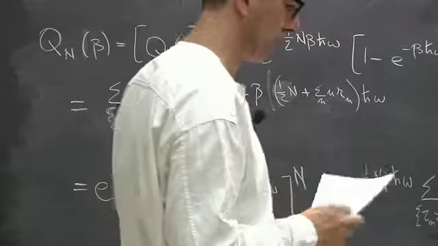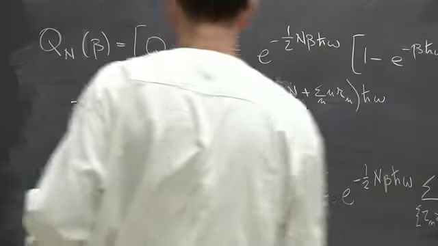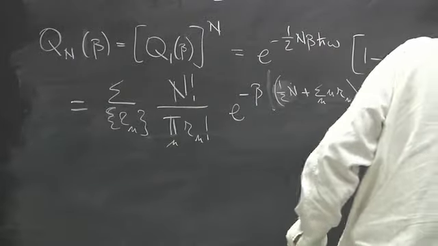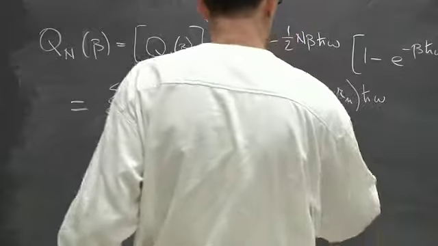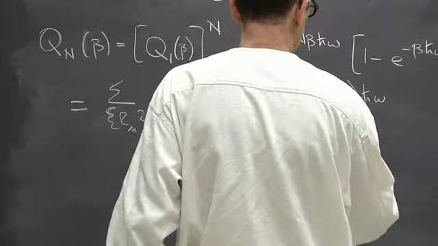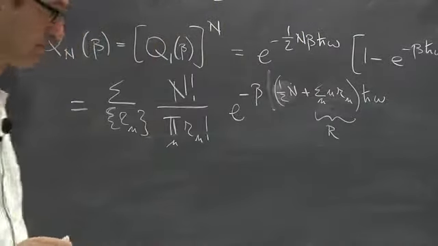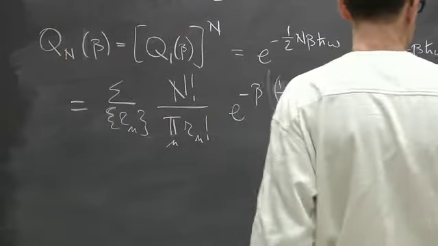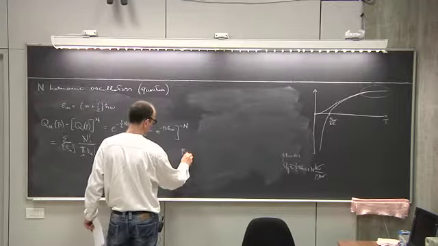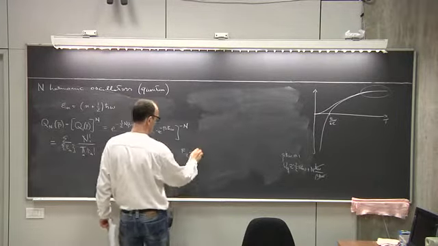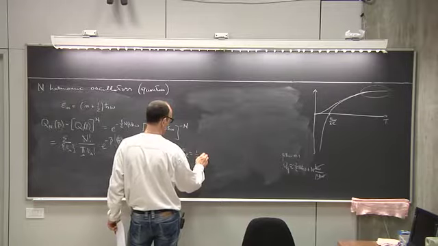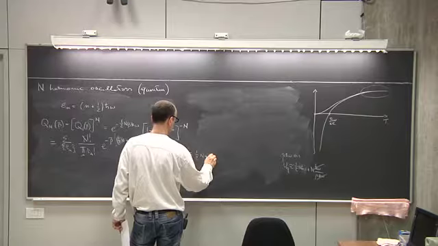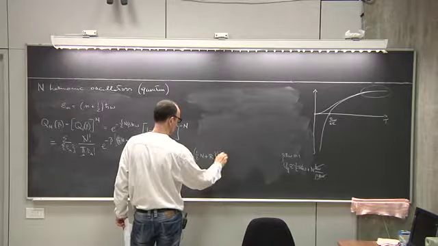So if I call this number R, my energy levels E_R will be equal to 1/2 N plus R times h bar omega.